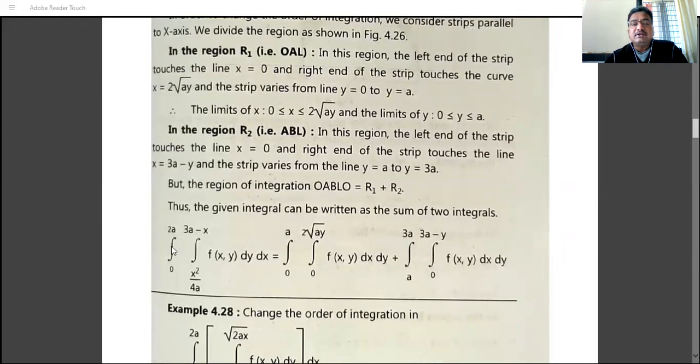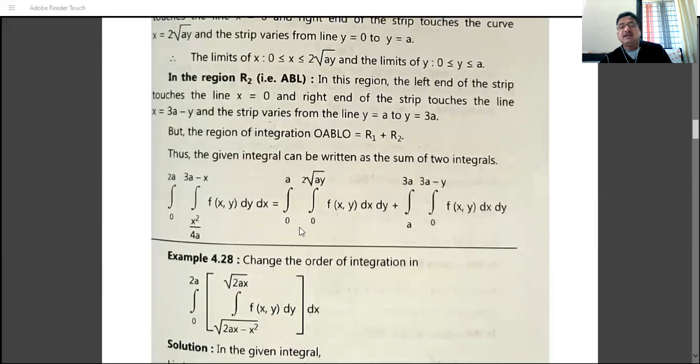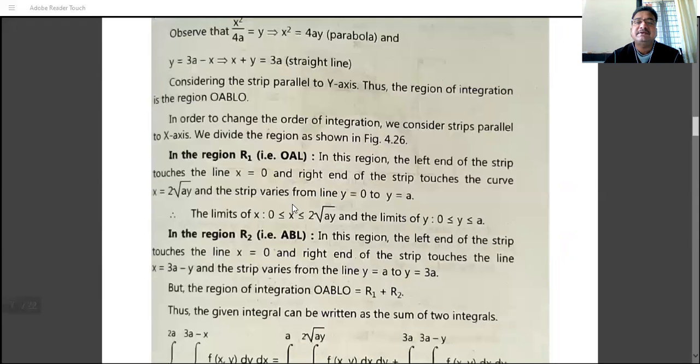And so this given integration is equal to the addition of 2 integrations: double integration over R1, double integration over R2. Write that step. No need to write this description.